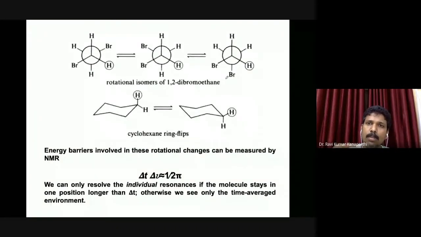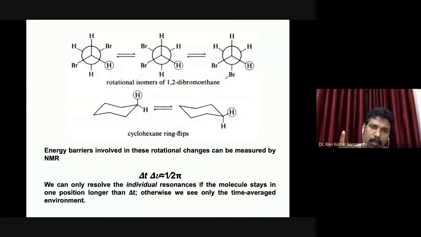Then the NMR detector cannot see two different chemical environments for a proton. It only sees an averaged effect. You can just remember that as the temperature increases, we can only see an average effect rather than the fine details.